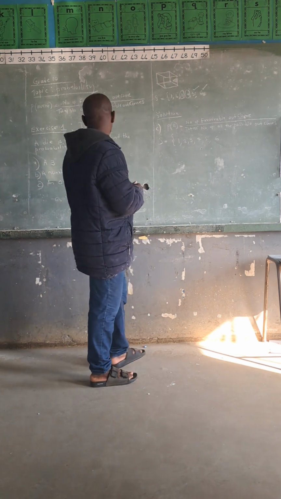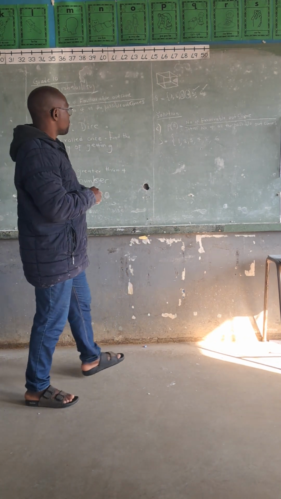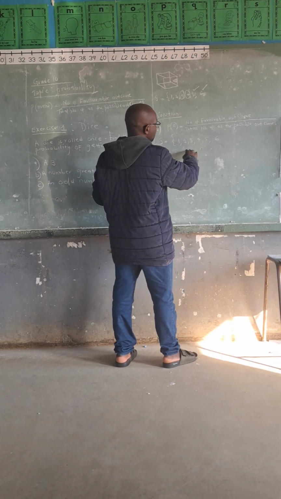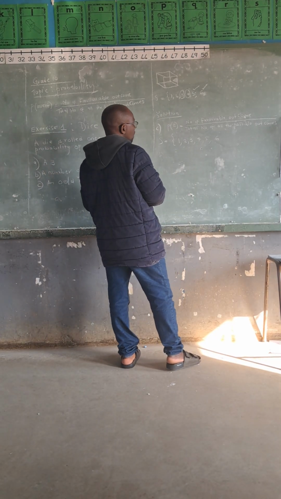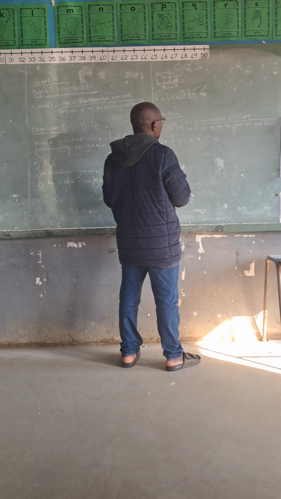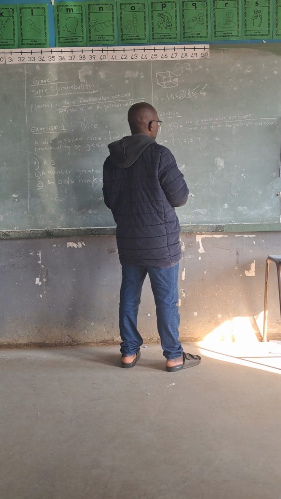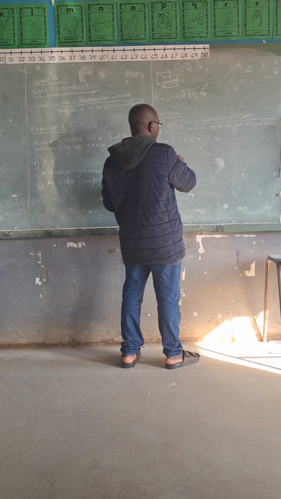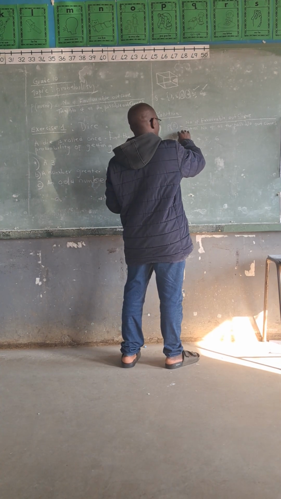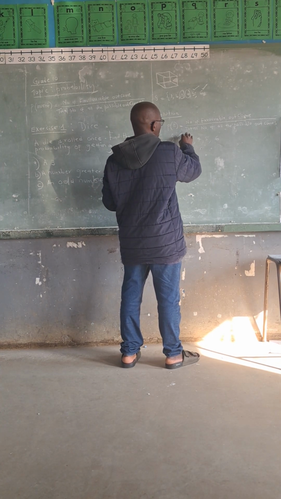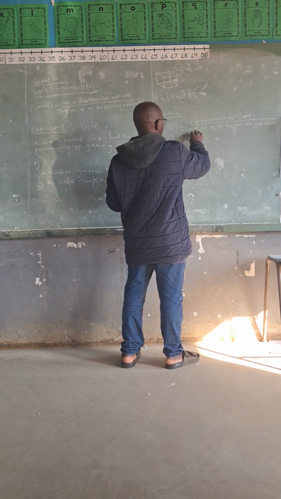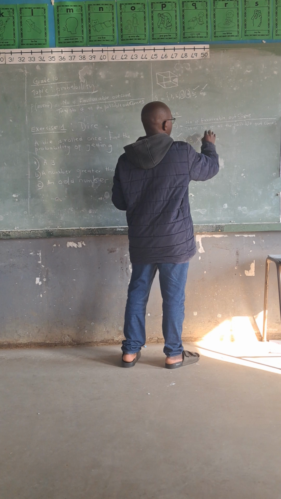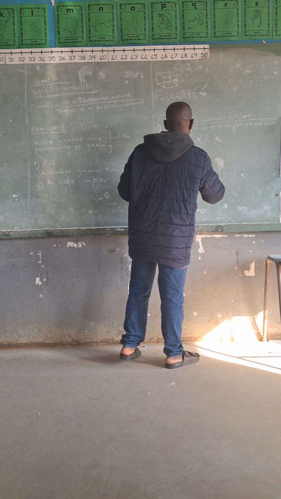Now, on the sample space, let us find the odd numbers. On the sample space, the odd numbers that we have are 1, cancel 2, 3, cancel 4, 5, and cancel 6.